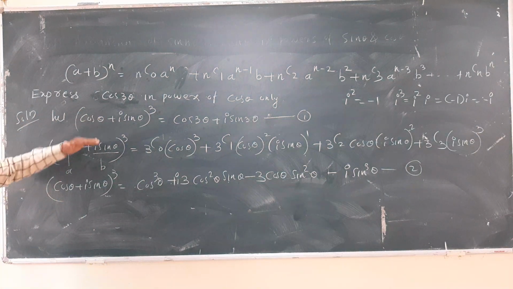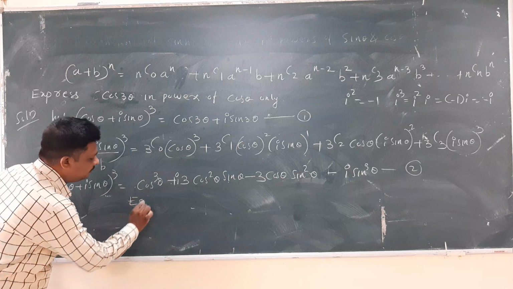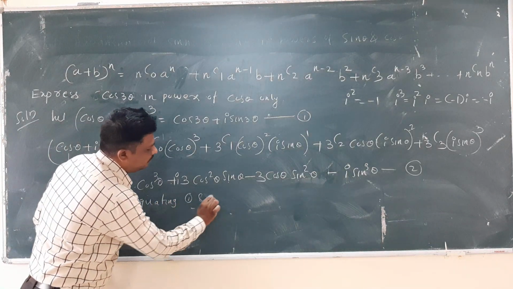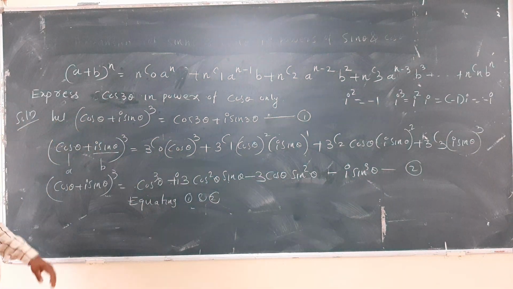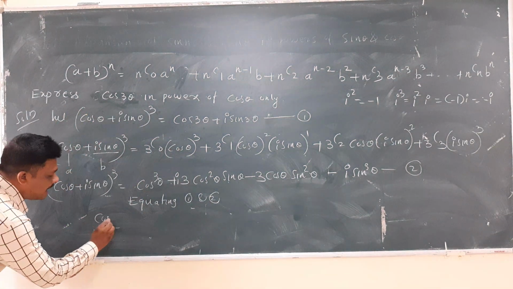Now I will compare equation number 1 and 2, or I will equate equation number 1 and 2. Equating 1 and 2. In both cases the LHS is the same, so directly equate the RHS.